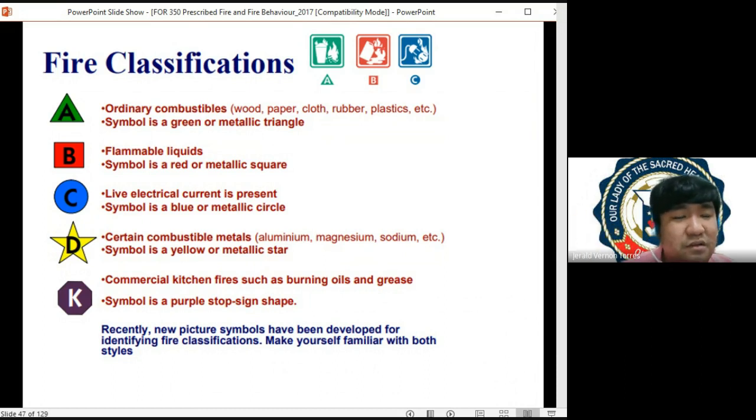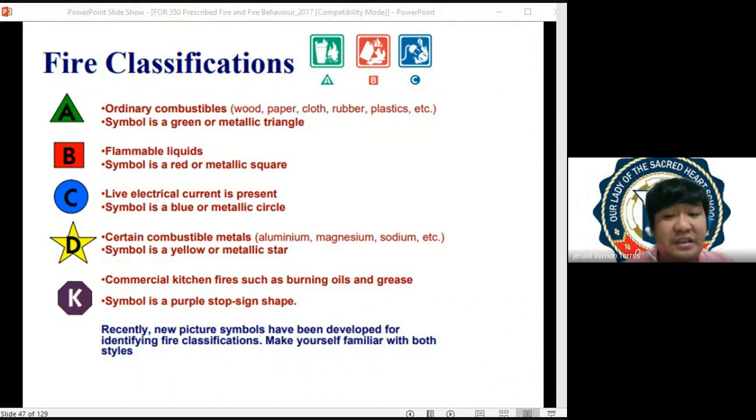At meron din tayong class K fire, meaning it's a kitchen fire. So ito yung mga common causes of fire natin, and yung classes niya, we have A, B, C, D, and K. Pag A, it's ordinary combustible. Pag B, it's due to flammable, liquid fire to. Pag C, electrical current ang cause niya o yung overheating ng electrical wire, electrical fire siya.